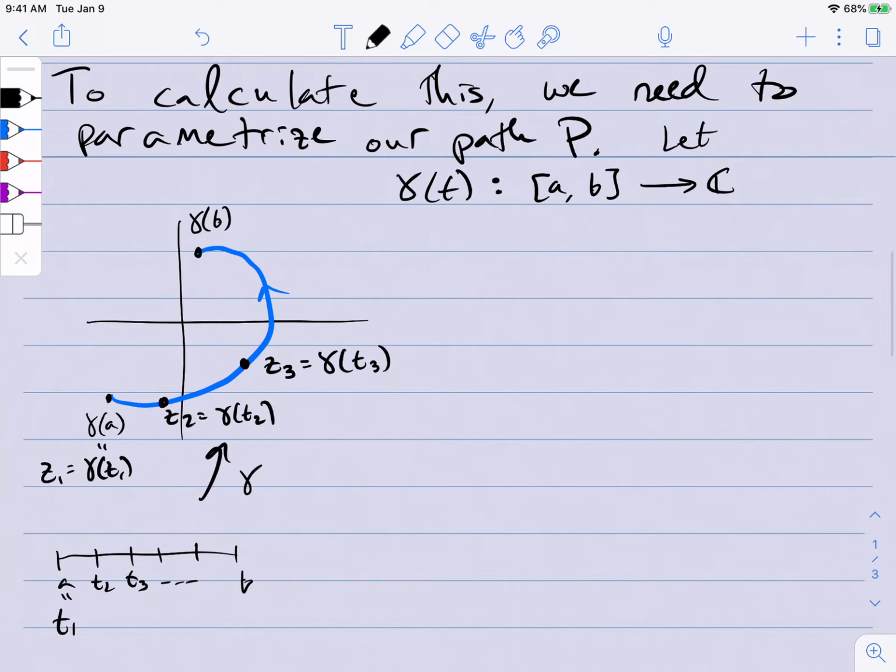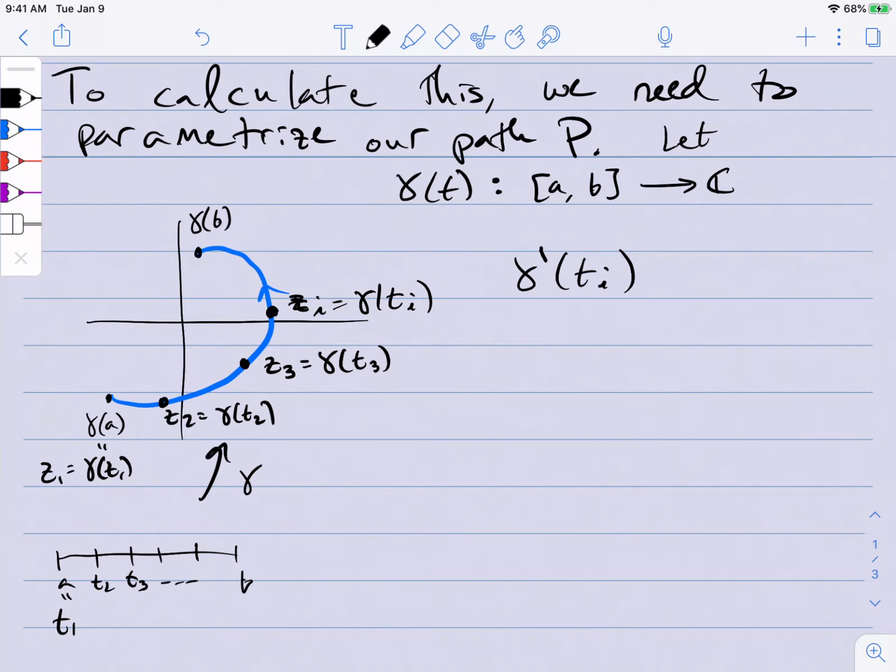And the way we do this is we use the derivative of gamma, because if I consider, so maybe this is zi, which is gamma of ti. If I consider gamma prime at ti, that gives me a vector.